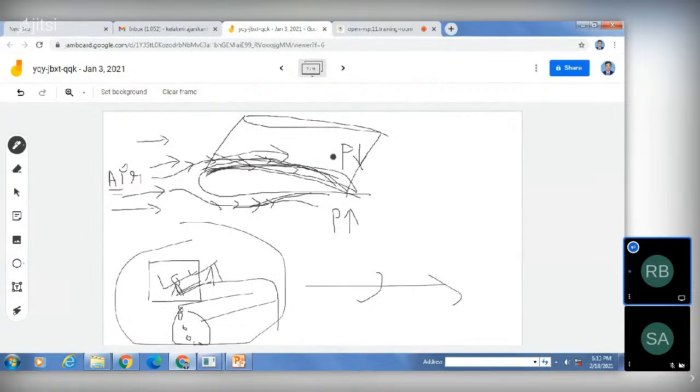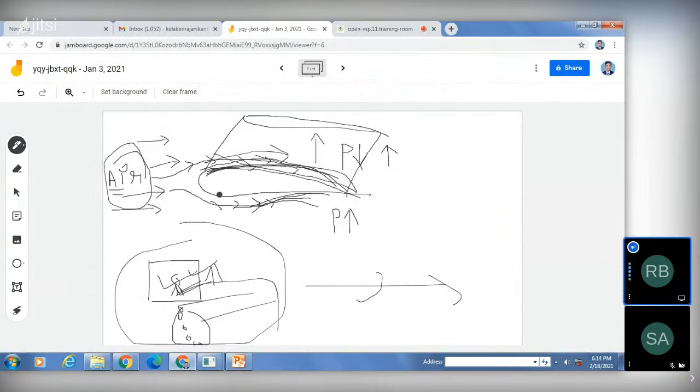Because of the low pressure, suction will be created over the upper surface. Suction force in the sense that somebody is sucking. Air is giving such kind of energy to the wing, especially over the upper surface. That energy is known as the suction energy or suction force.